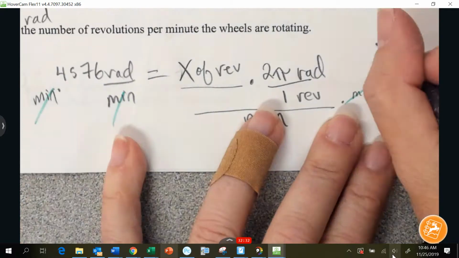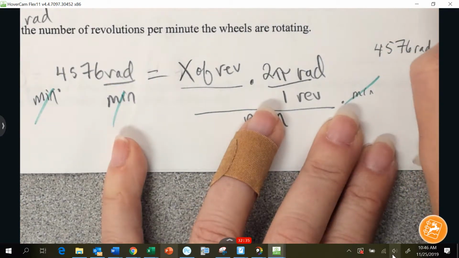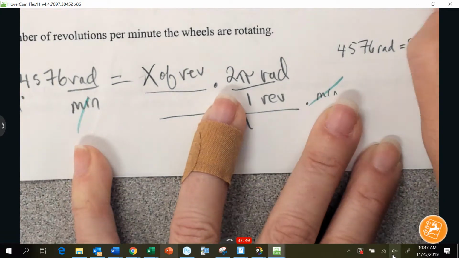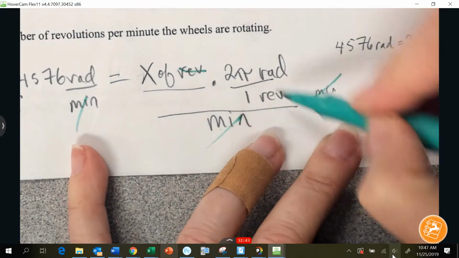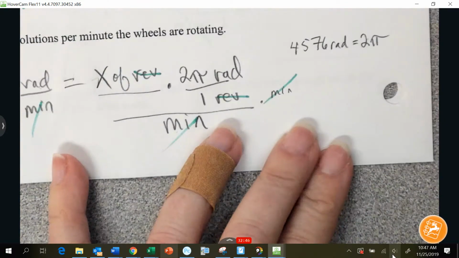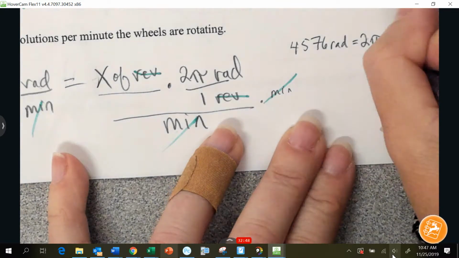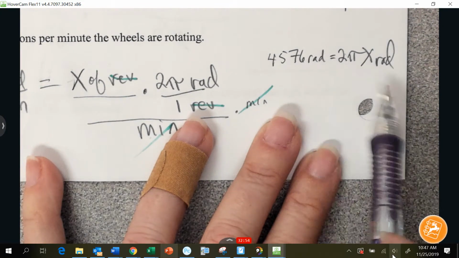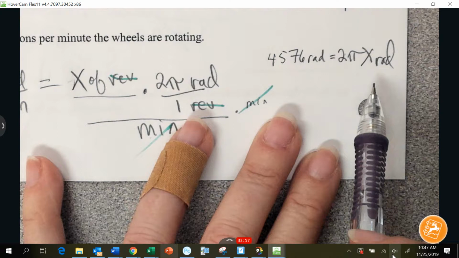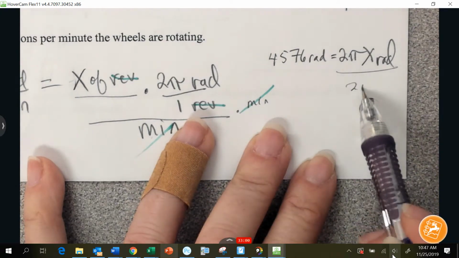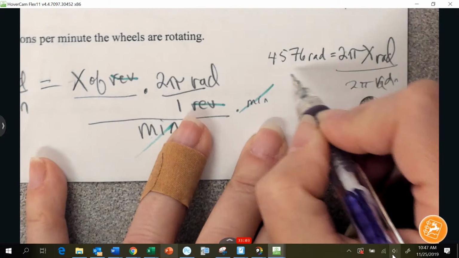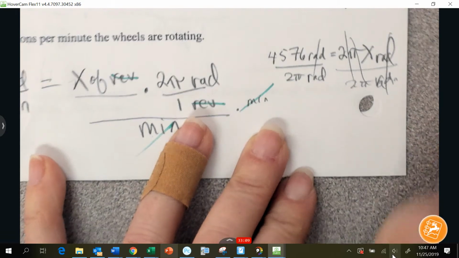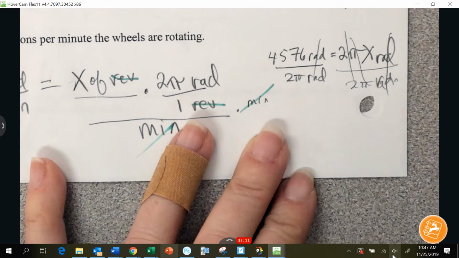If you need to rewrite it, we can. Before I write it, those cancel. So I get 2 pi. What could I do to both sides to get it just X? Divide by 2 pi radians. So that'll cancel out the radians. So basically I'm just dividing 4576 by 2 pi.